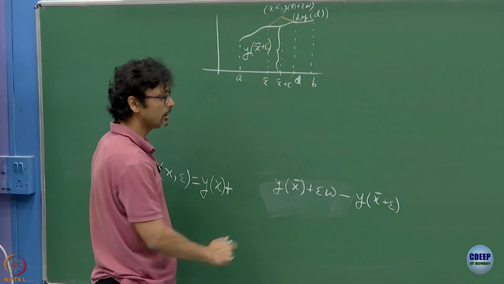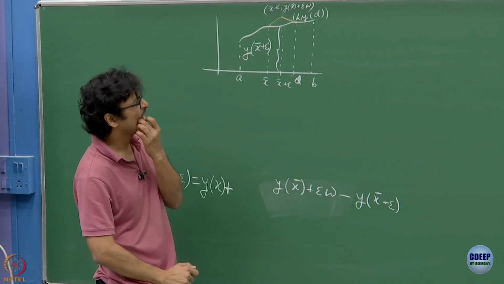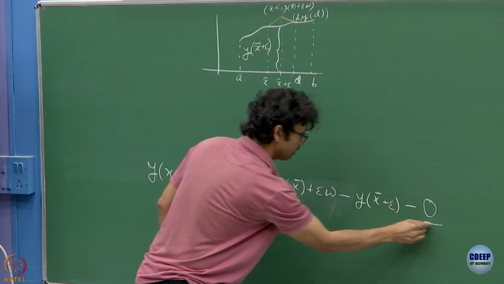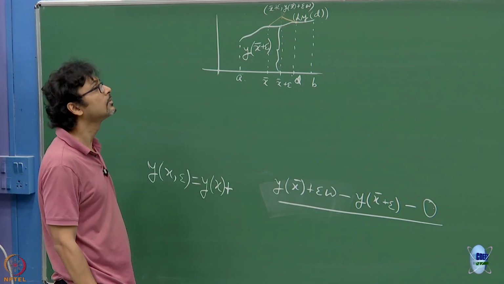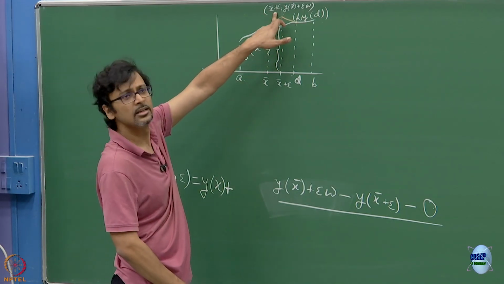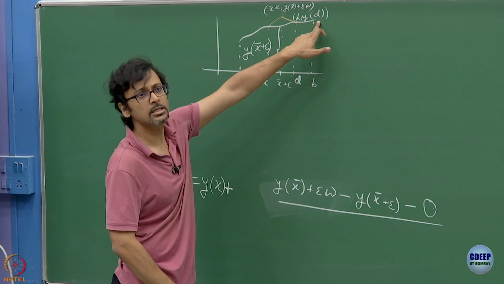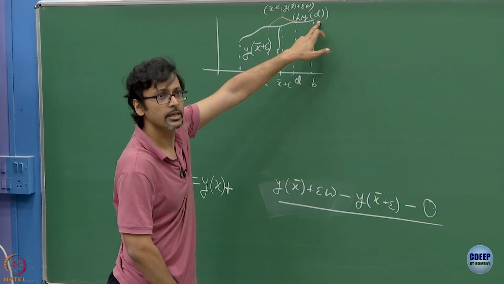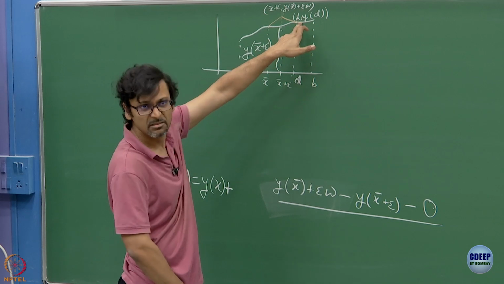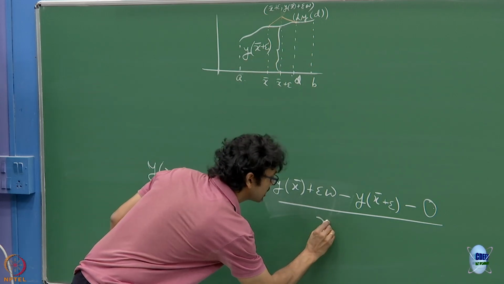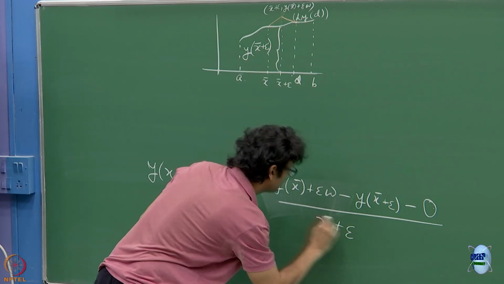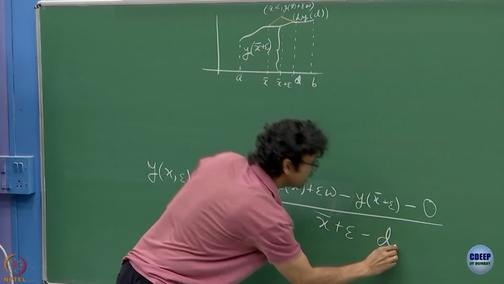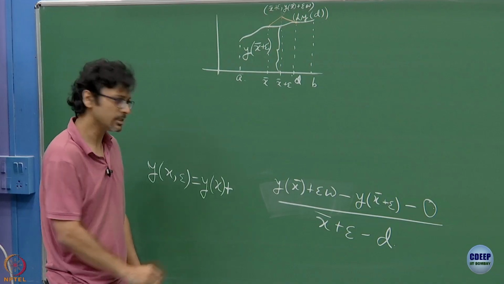That's the overall value here, minus 0, divided by the difference between the x coordinates: x bar plus epsilon, I am sorry, minus d. So that is the slope, isn't it?